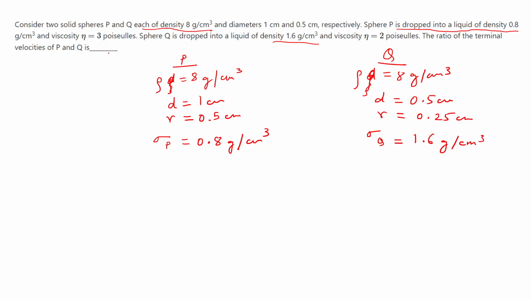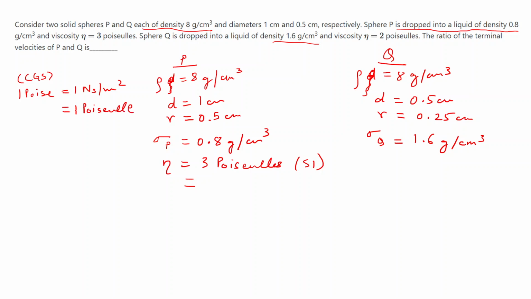Viscosity for this first case is 3 Poissons. If you remember, Poiseuille is an SI unit, and apart from this coefficient of viscosity, everything is in CGS, so we'll conveniently convert this also to CGS. If you remember, I had told that one poise, which is a CGS unit, is equal to 0.1 Newton second per meter square.